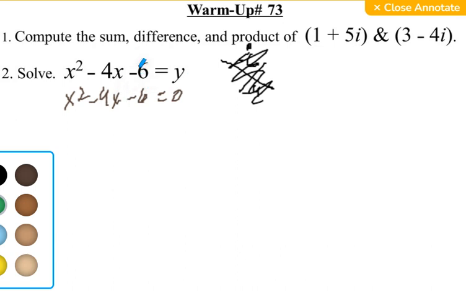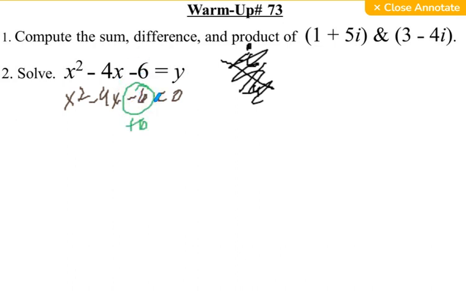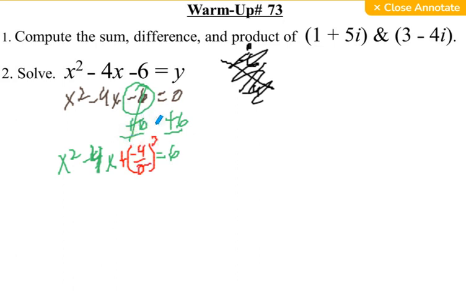So that means we need to eliminate the constant. Plus 6 plus 6. We end up with x squared minus 4x, empty space, equal to 6. I need to complete the square right here. What do I add, Jose? Negative 4 over 2 squared, yes.